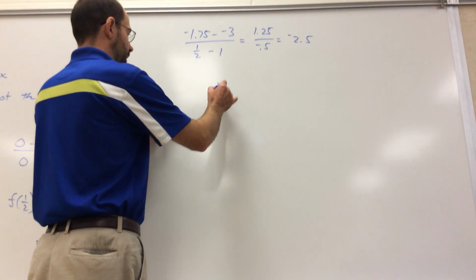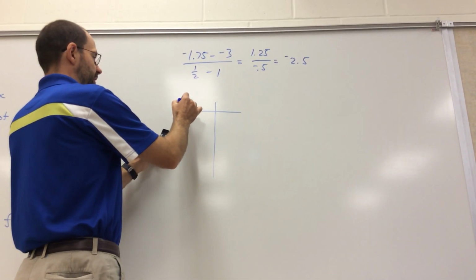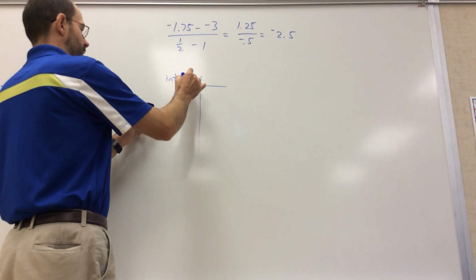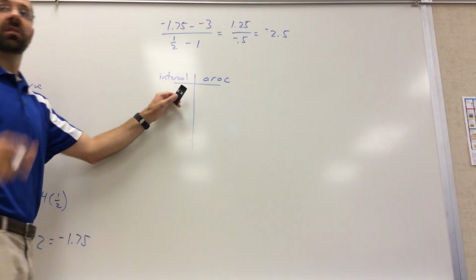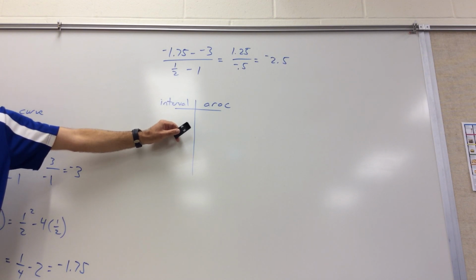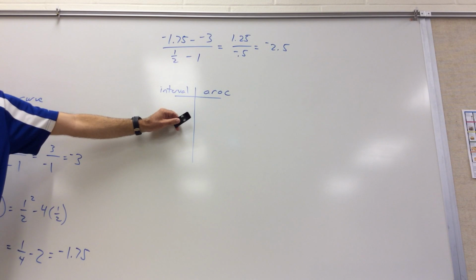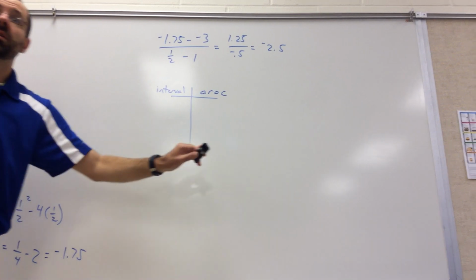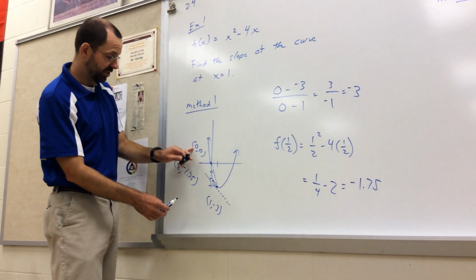What we're doing is we are making a table of an interval and the average rate of change. So the first interval we went on was 0 to 1.